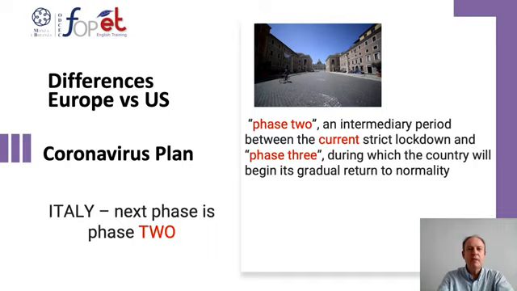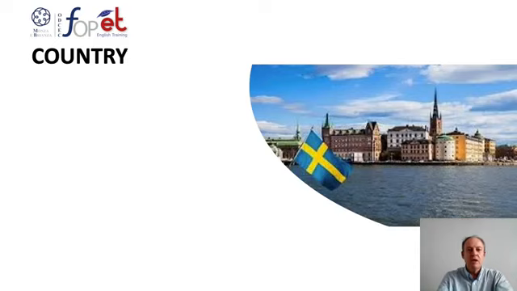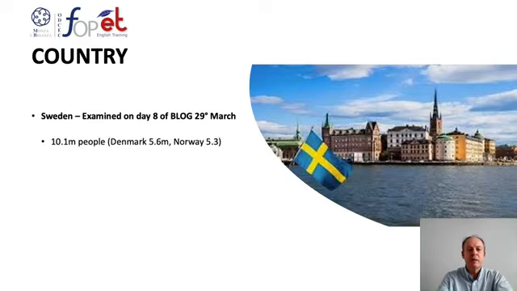Phase 2 is an intermediary period between the current lockdown and phase 3. The UK, there's no plan yet. We're not talking about phases in the UK. Maybe next week.